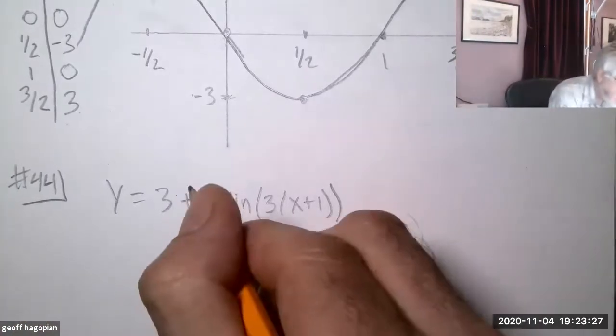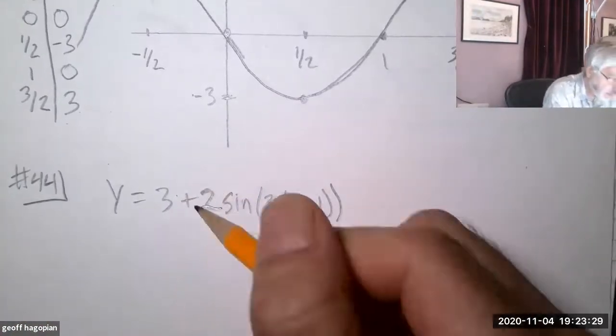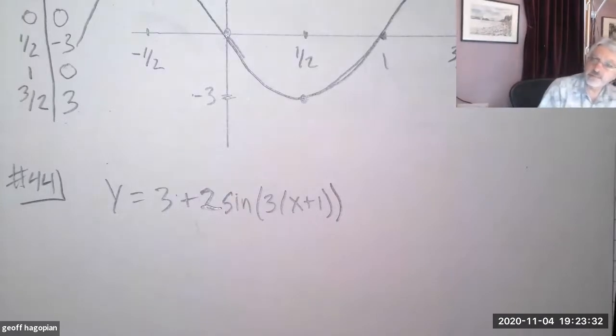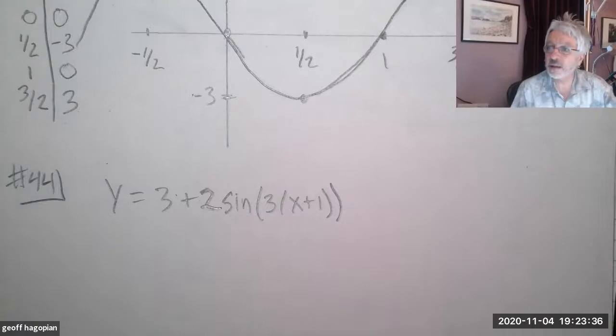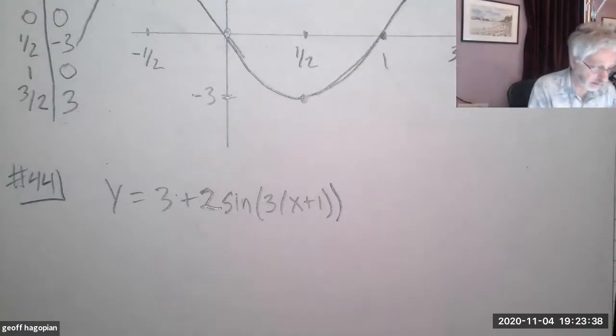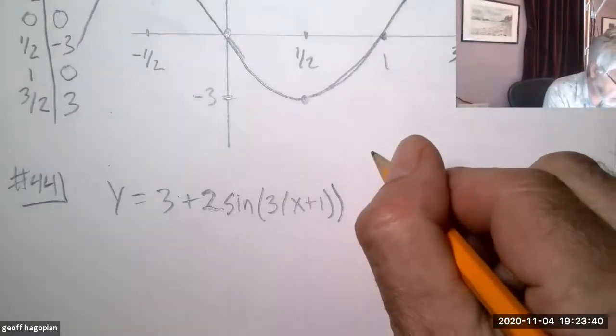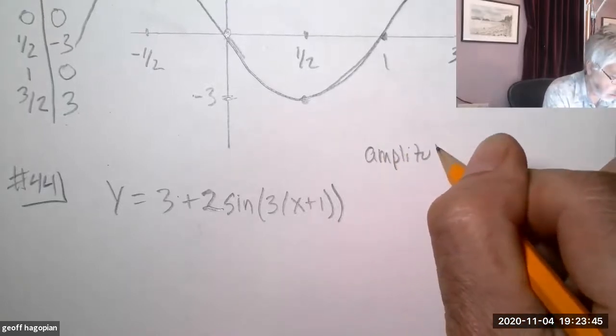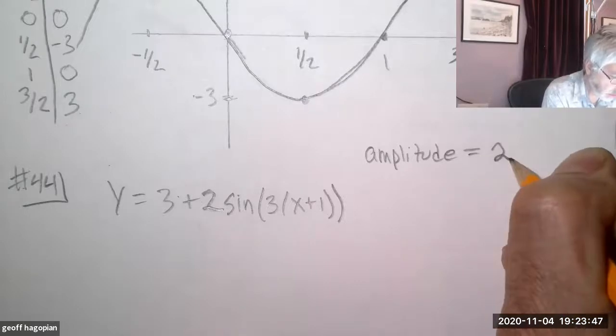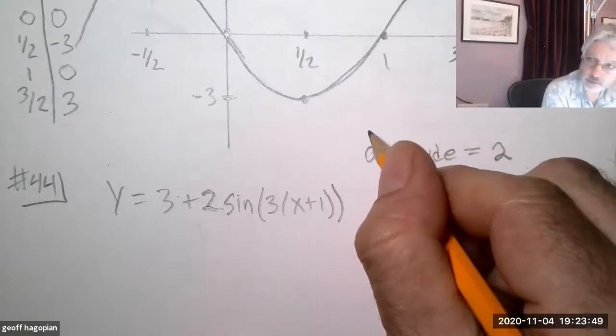Okay, so what's our amplitude? That's 2, right? Okay, so the amplitude here is 2. The vertical shift, should we write that?